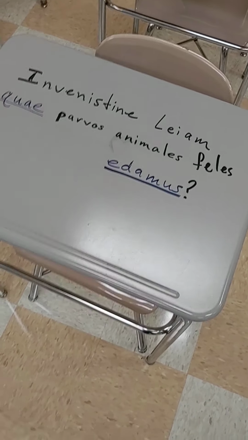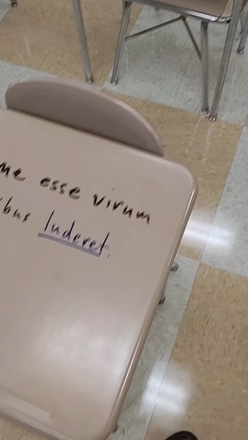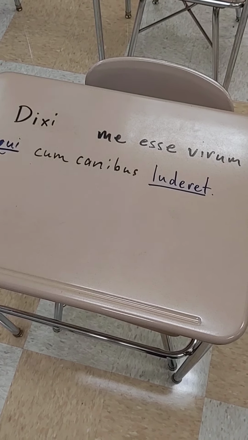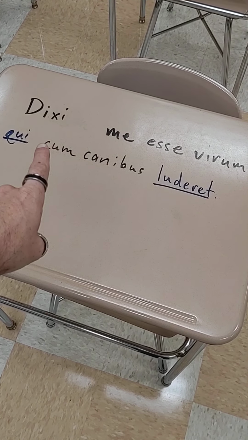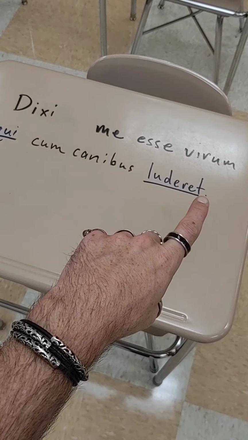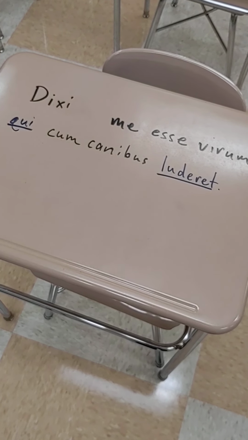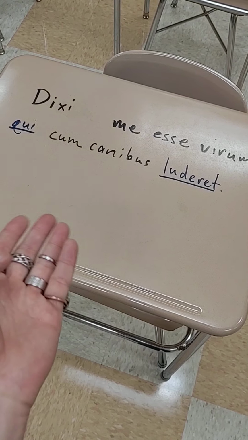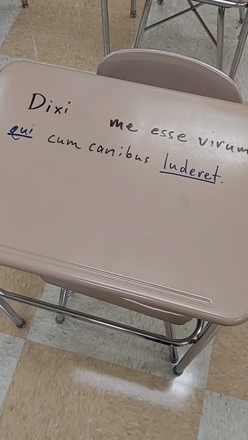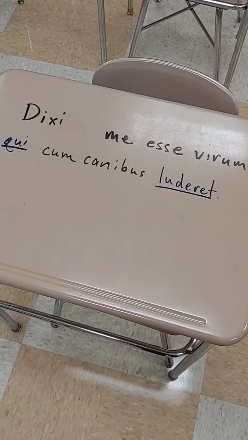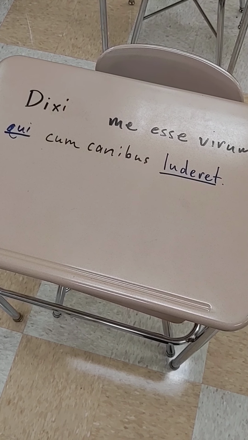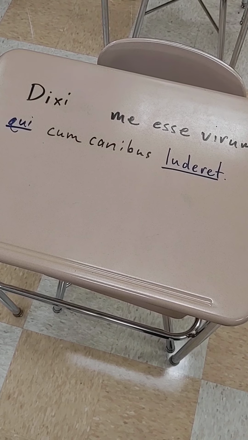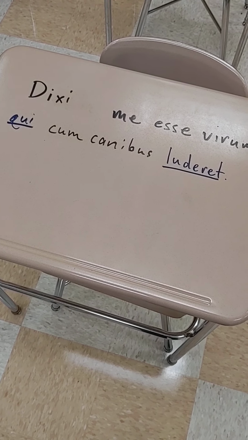All right? To give you another example, if you need another one, let's take this, right? So this says, I said that I am a man who would play with dogs, right? I'm not saying that I do play with dogs. I actually love playing with dogs, but I don't have a dog right now, so that's not something that actually happens to me very much. I am, however, the kind of guy who would love playing with dogs because I'm very much a dog person.